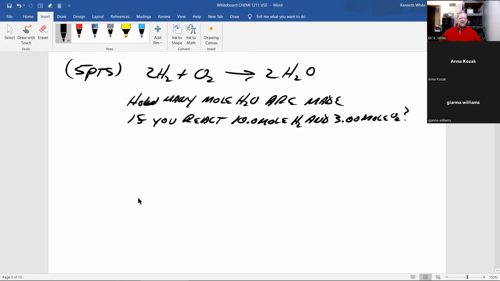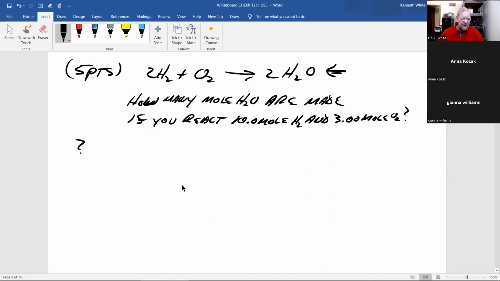All right, everybody see that 5 points? You're given a balanced chemical equation and you're asked how many moles of water are made if you react 10 moles of hydrogen with 3.00 moles of oxygen.